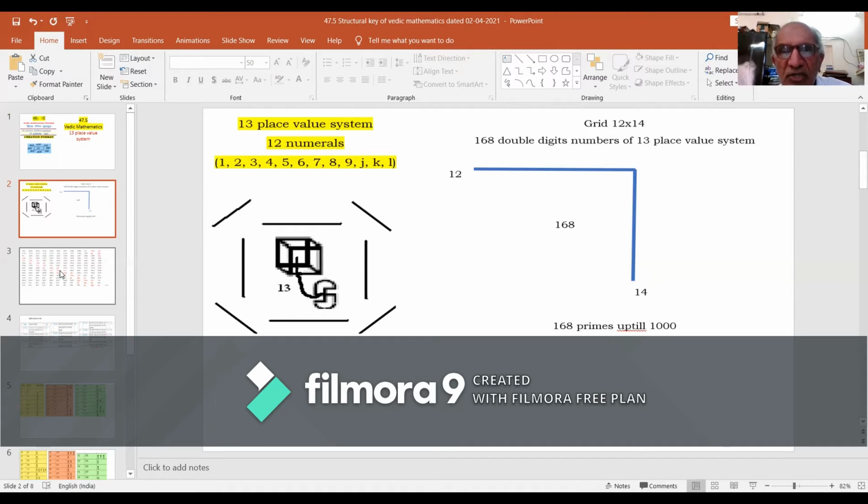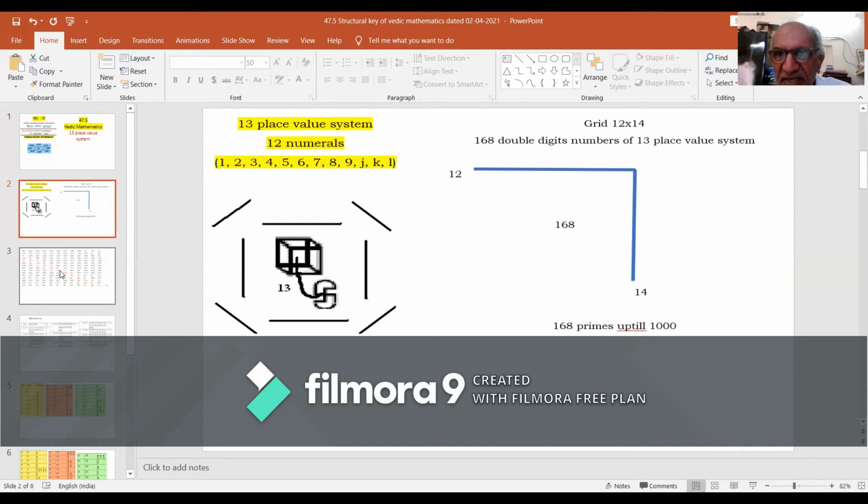Now, these 12 numerals of the 13 place value system will lead us to as many as 168 double-digit numbers of the 13 place value system.